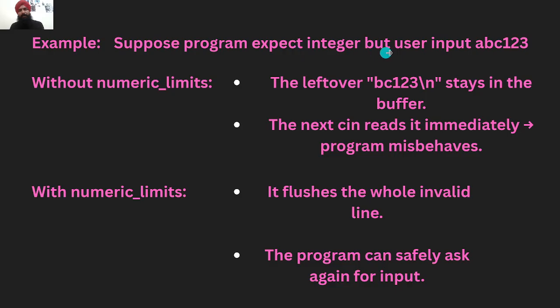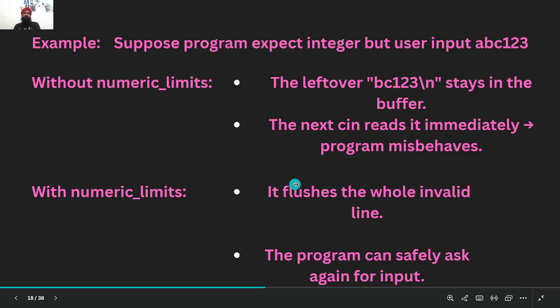Suppose the program expects an integer, but the user inputs ABC 1, 2, 3. Now, without using std::cin dot ignore with numeric limits, the leftover BC 1, 2, 3 slash n still stays in the buffer, and the next cin reads it immediately, and the program misbehaves. Now, when I use this with numeric limits, it flushes the whole invalid line, and the program can safely ask again for input.